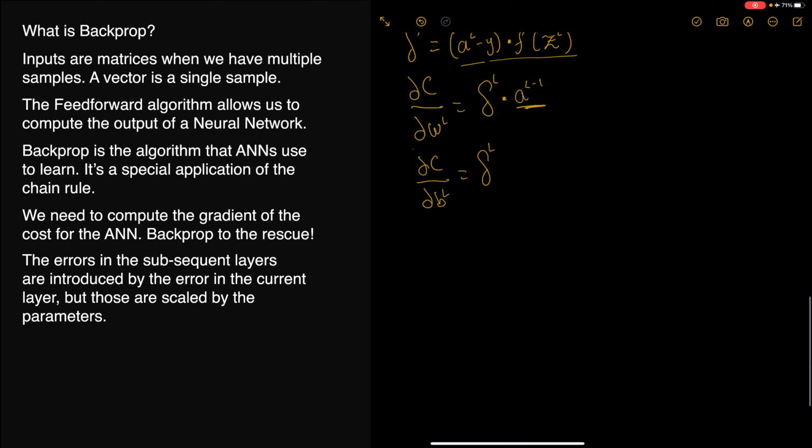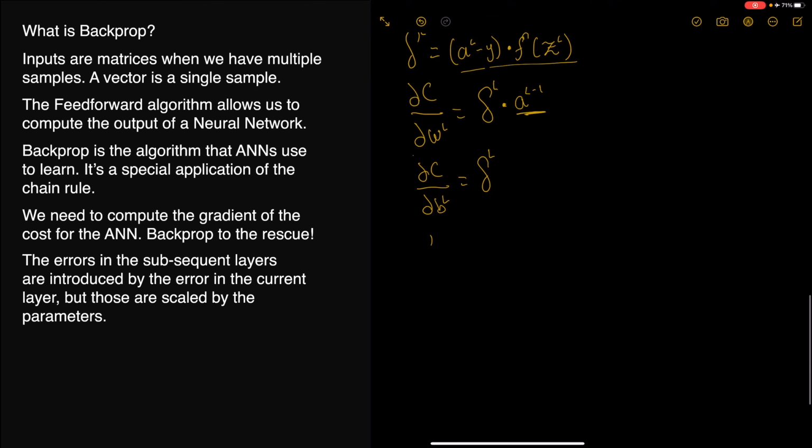Okay, so now that we have that, can we then define the error at any given layer? Because once we know this, we know this is always the case, right? For any cost with respect to any weight, the derivative is just going to be the error at that layer times the activation from the previous layer. So L minus 1.